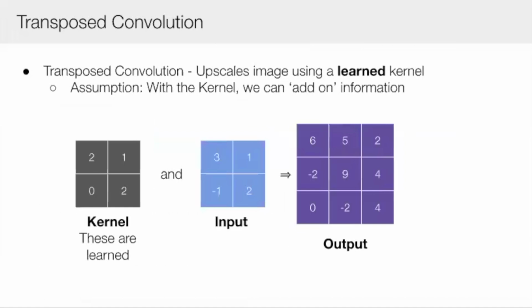Sorry, we covered transpose convolutions pretty thoroughly in the last lecture, which a lot of you were not here for. But essentially, in this case, we have a 3 by 3 output because the kernel has a stride of 1. If it had a stride of 2, the output would be 4 by 4, and so on and so forth. Remember, stride is how much that kernel slides across the inputs.